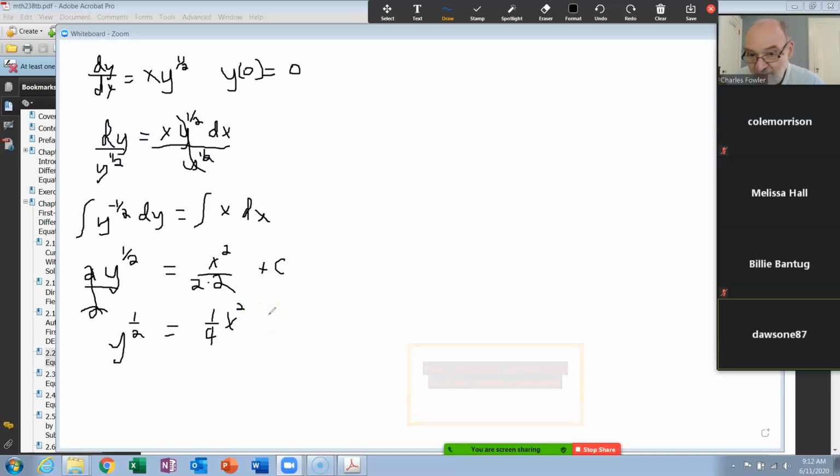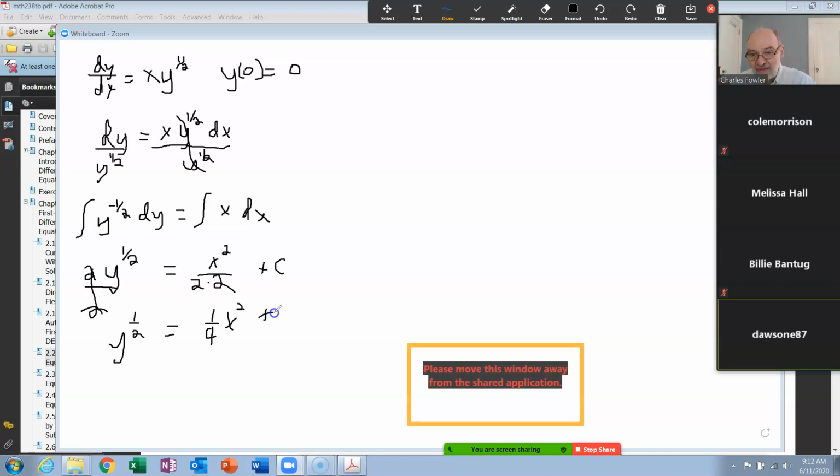Let's just leave it as some constant for now. I'm still going to call it C, even though it's not the same C as above. If I had been foresightful, I would have called that a C1 up there. I'm not foresightful, so let's just call it some constant, C.